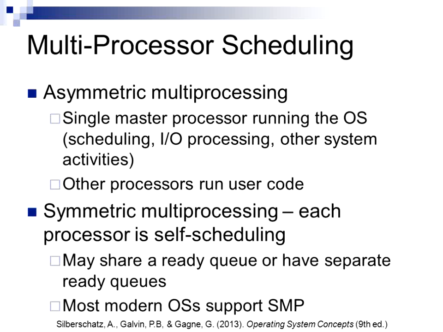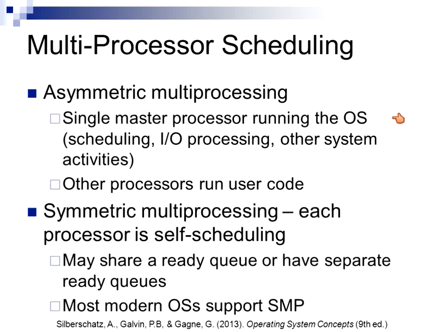We still have a little more scheduling to talk about, and I'm going to go through these next couple of slides quickly. It is all in your book. Remember when we talked about multiprocessors, we said there was asymmetric multiprocessing and symmetric multiprocessing.